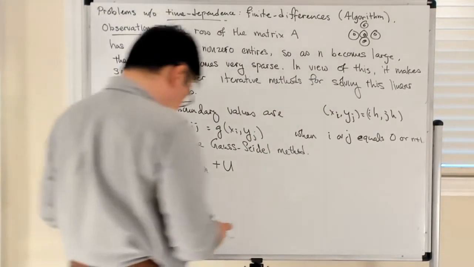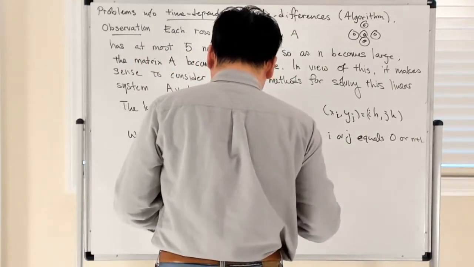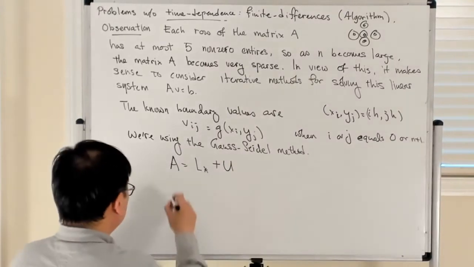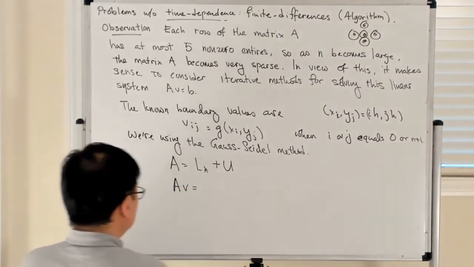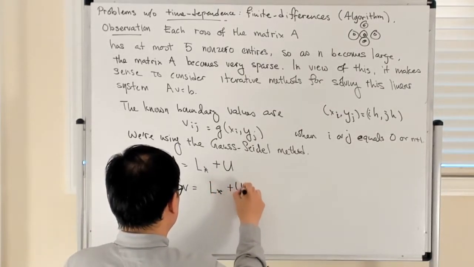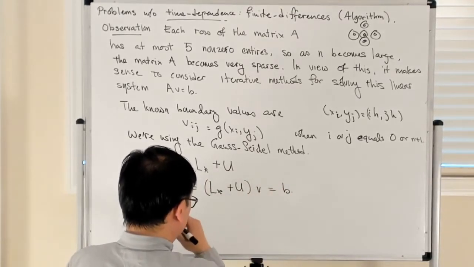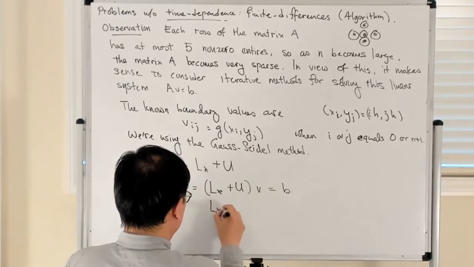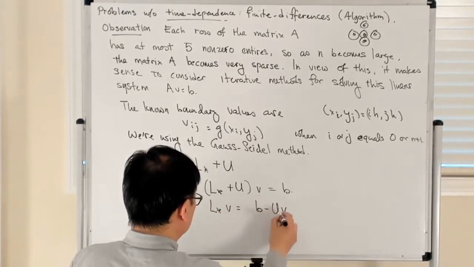And then with that, you know that A times V is equal to (L star plus U) times V, but it's also equal to B. So I have L star V is equal to B minus UV.